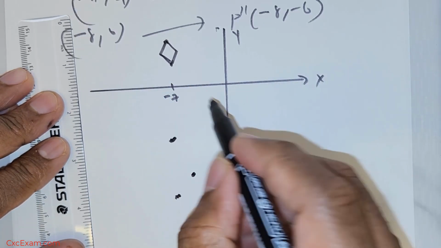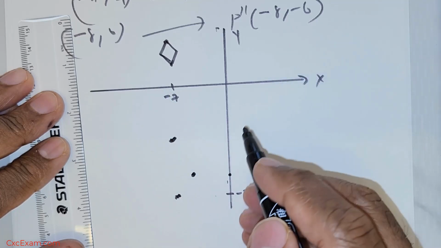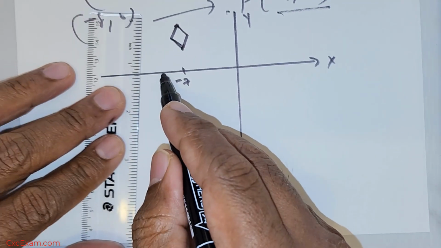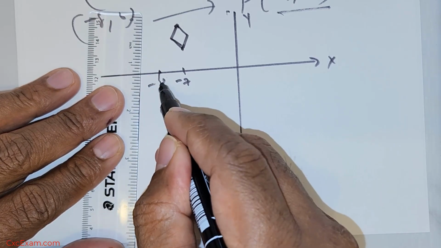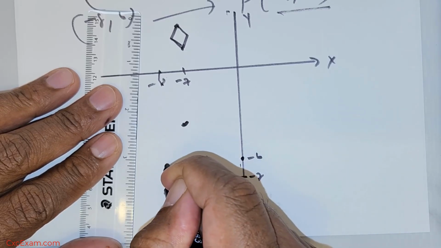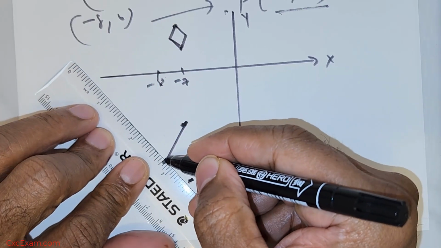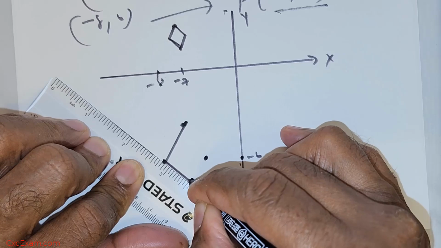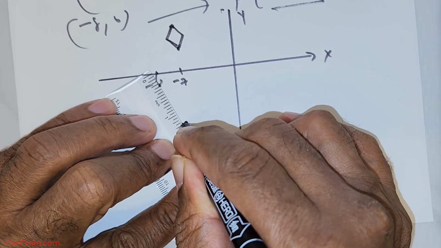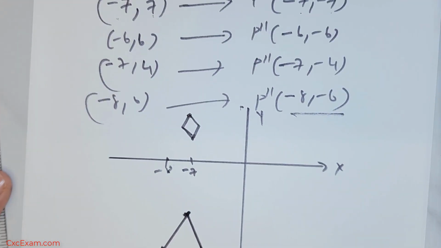And then (-8, 6) is now going to be (-8, -6). If this is -8, and this is -6 already, this will be the point. So the quadrilateral's look will be like this. Okay, that's the solution to this question.